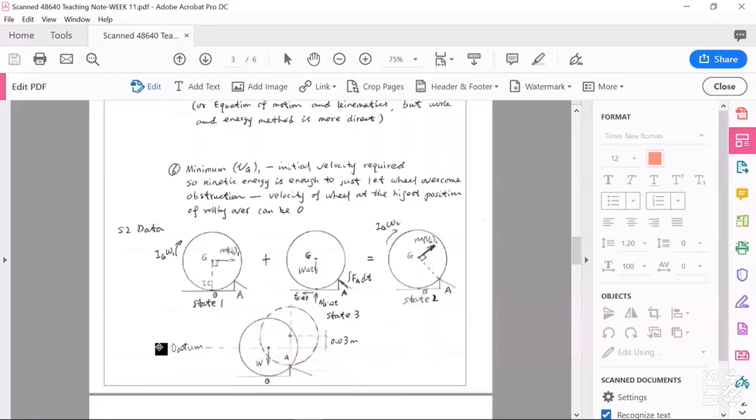And here, I put my datum going through the mass center point G when this wheel is in state 2.